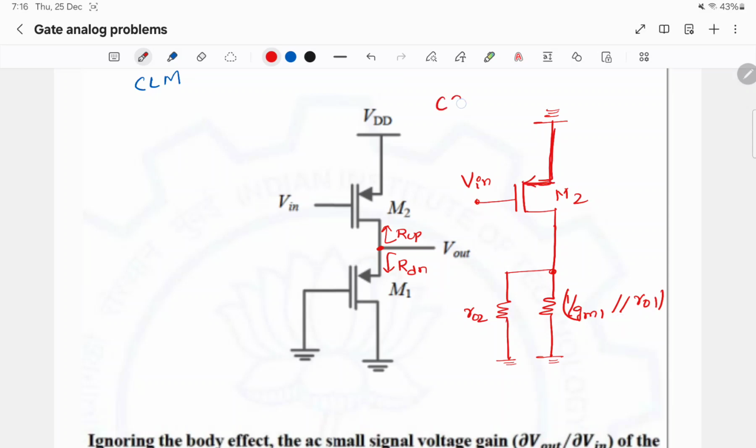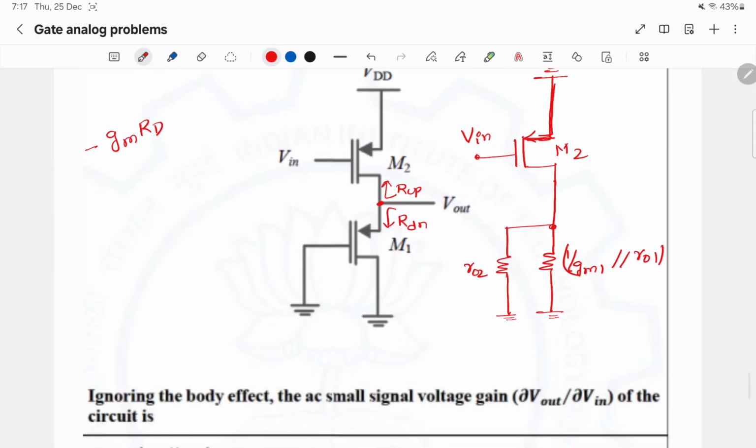So now this becomes a similar circuit we know, the simple CS amplifier of PMOS. So we know that for a CS amplifier the gain is minus Gm RD. Here the Gm of the stage is Gm2, so minus Gm2 into the load resistance, which here is RO2 parallel 1 by Gm1 parallel RO1.